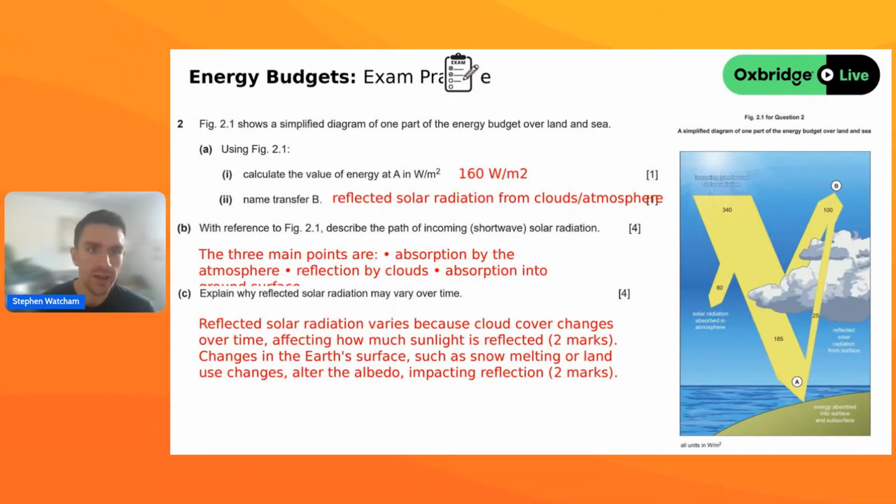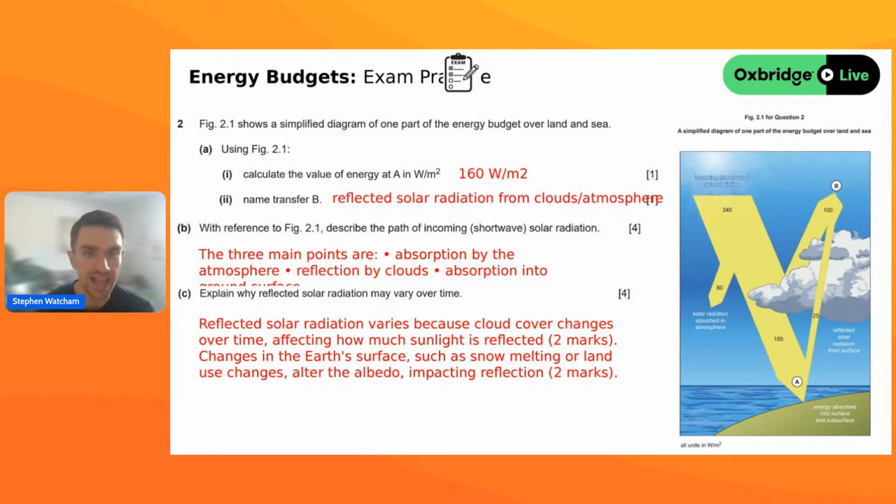So first of all, calculate the value of energy at A. All we need to do here is find how much energy is coming into the system and how much energy is being lost from the system as well. So we can see that we've got 185 watts per meter squared coming in.